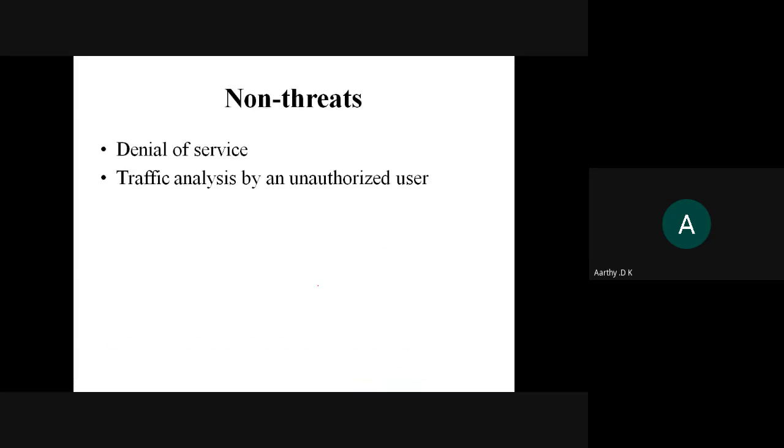Next we have two non-threats, that is, even if these threats happen, you don't have much damage to your system. Those two are denial of service and traffic analysis. The denial of service attack, in short, is called a DoS attack. This happens at the server end.